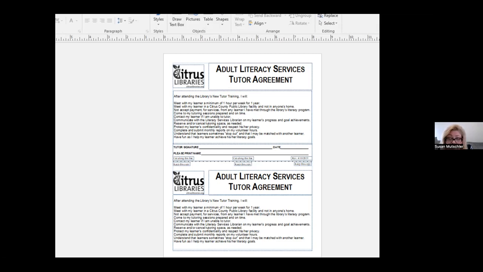I will communicate with the literacy services staff on my learner's progress and goal achievements. I will reserve and cancel my tutoring space as needed. I will protect my learner's confidentiality and respect his or her privacy. I will complete and submit the monthly reports on my volunteer hours. And I understand that learners sometimes stop out and that I may be matched with another learner, and I will have fun as I help my learner achieve his or her literacy goals.